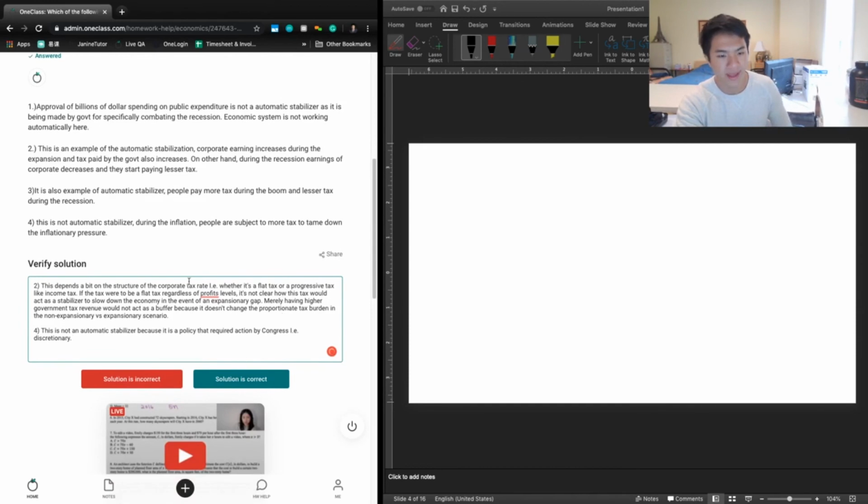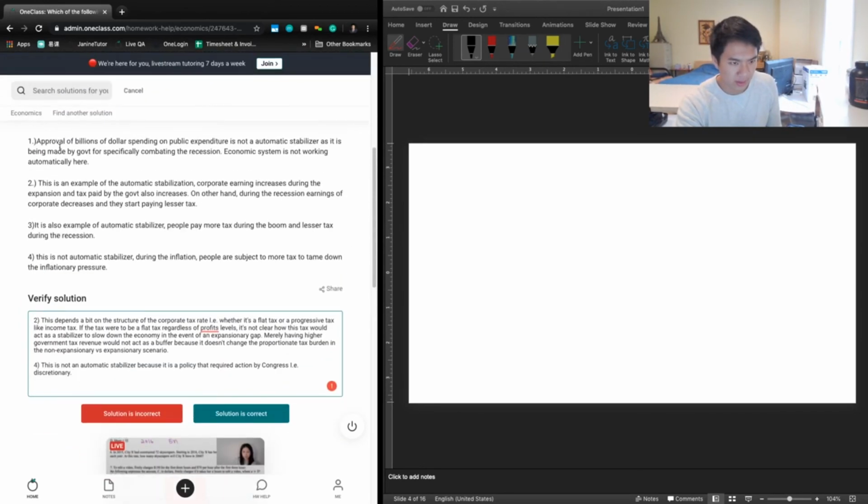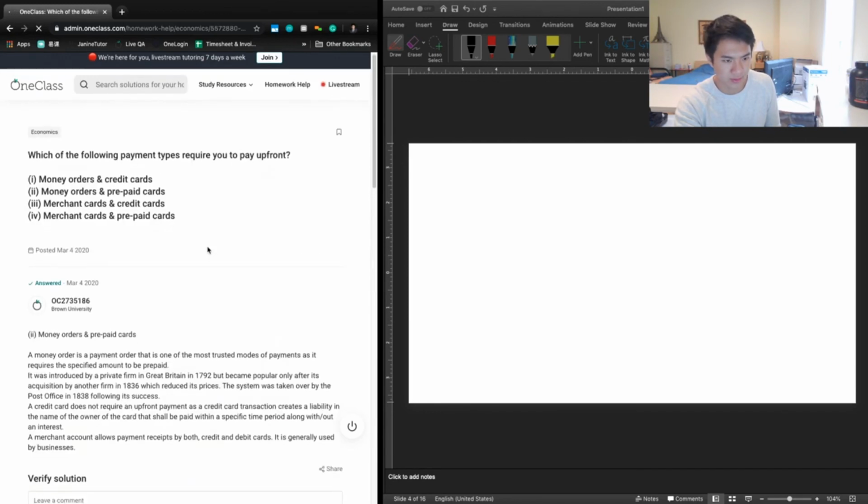And so that's going to be the reason. So we're not going to mark this as incorrect. I think the answers given are sufficient, but I think the explanations for 2 and 4 are a little bit off. So we're going to include our 2 addendums to this and make sure that this is fully answered in the answer choices.